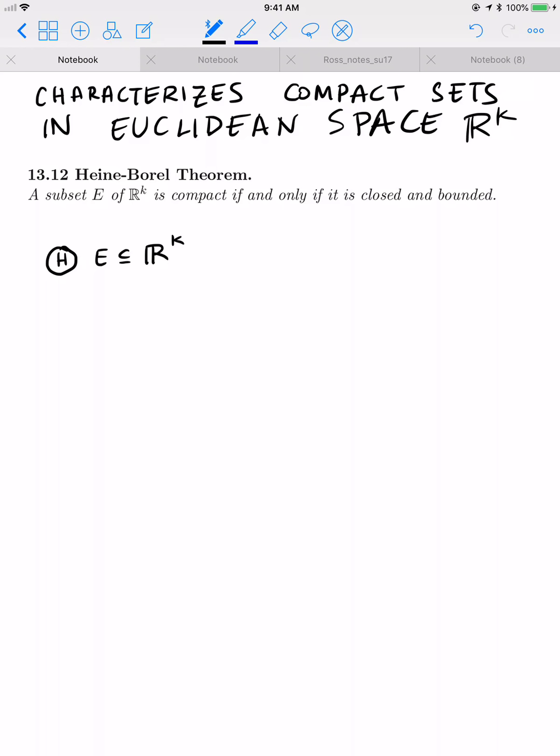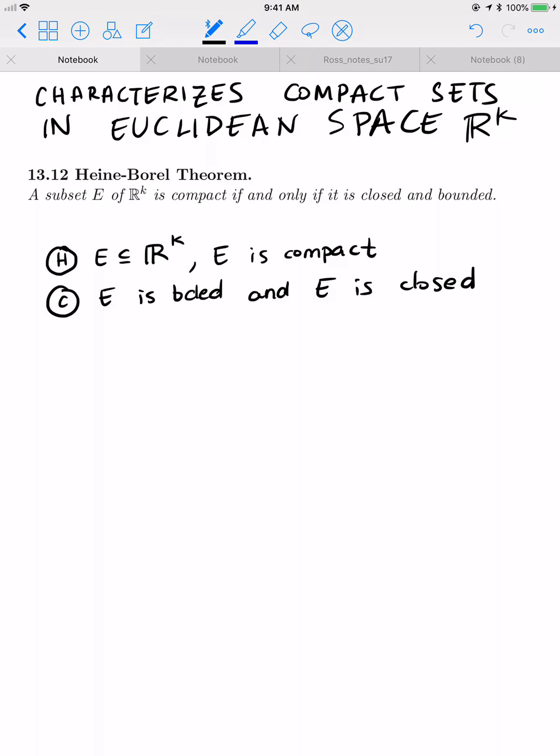First, I'm going to show that if E is compact, then E is closed and bounded. So I'm assuming that E is compact. That's our hypothesis. The claim is E is bounded and E is closed. Now let's go for the proof.